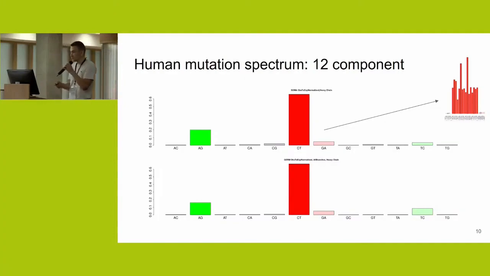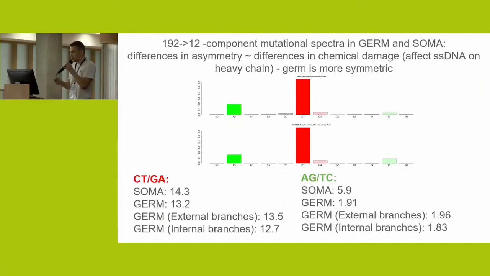We can see here that the equivalent of C to T on the heavy chain is G to A on the light chain, and it's not really much up. We think this is some asymmetry between two equivalent substitutions. Here we have a ratio for C to T and G to A for soma and germline, and we see that the somatic line has a higher level of asymmetry compared to the germline.